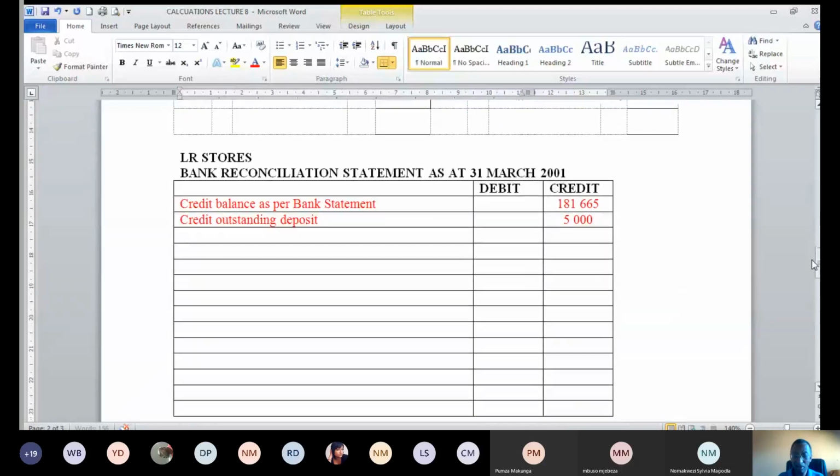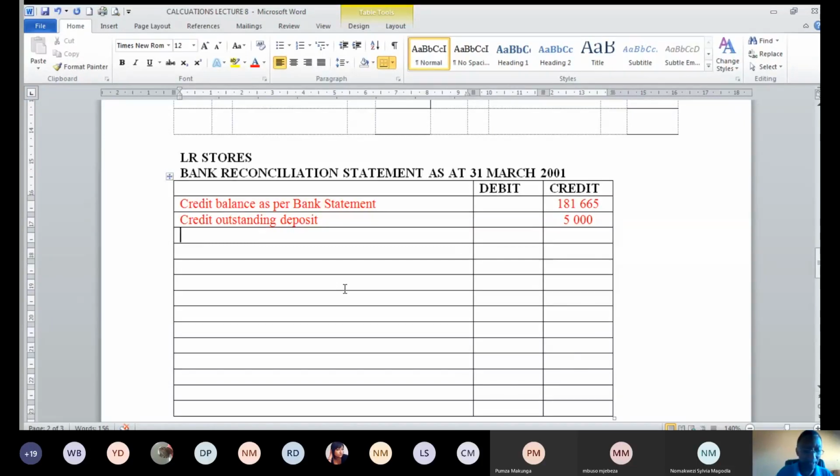This is an error on the bank statement. An error on the bank statement we rectify in our reconciliation statement. Just refer to your notes, guys, in that PowerPoint presentation. If there's an error on the bank statement, we rectify this by an entry in your reconciliation statement. It's an incorrect deposit.